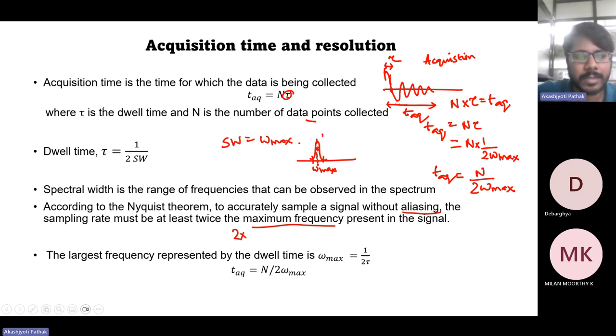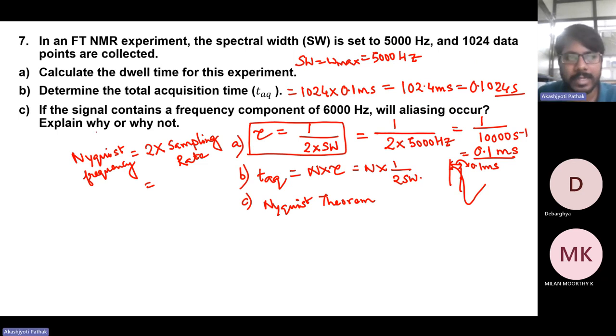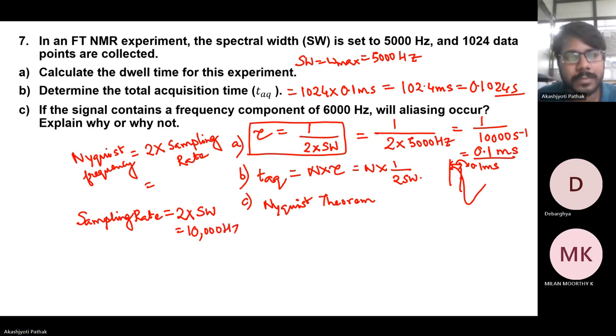As you had seen here also, the sampling rate in this question is 2 times the spectral width. It is 10,000 hertz. Okay. So I have to see whether this 6,000 hertz is within the Nyquist frequency.